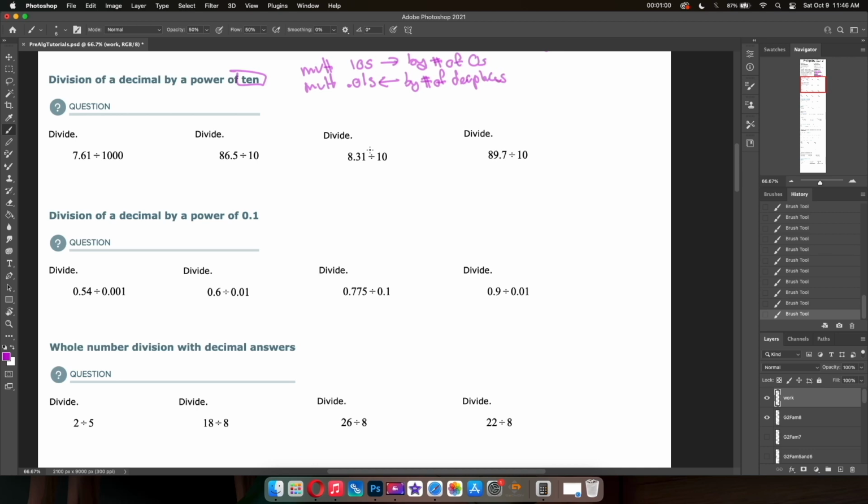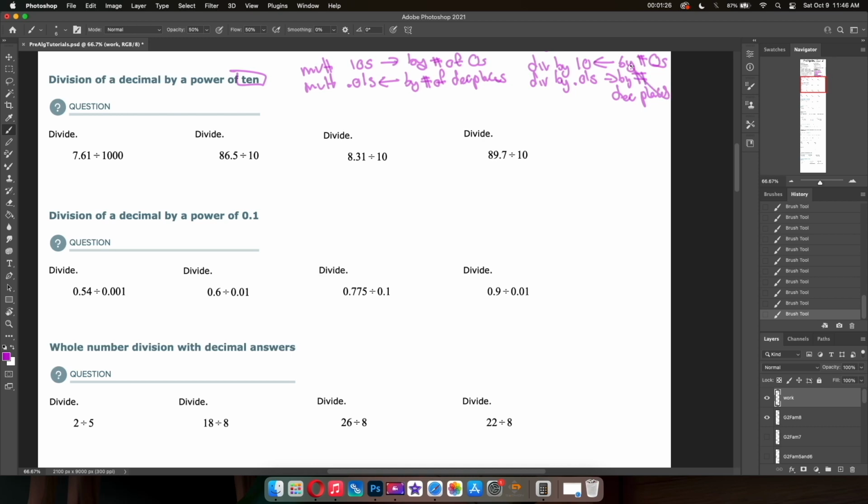Shockingly, when you're doing division, this is the reverse. So when you divide by tens, hundreds or thousands, you're moving to the left by the number of zeros. And when you are dividing by decimals, you're going to move to the right by the number of decimal places.